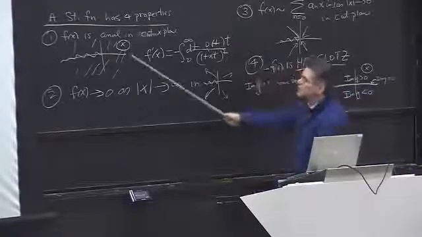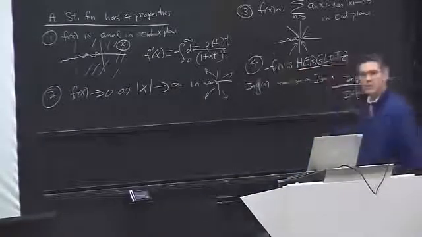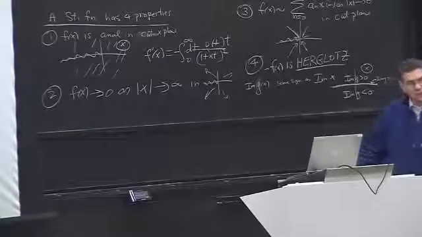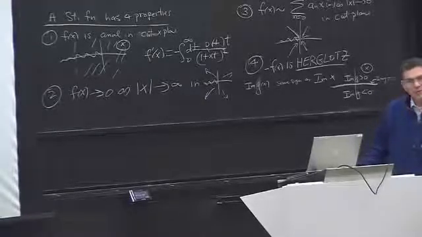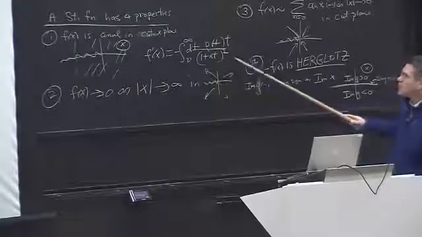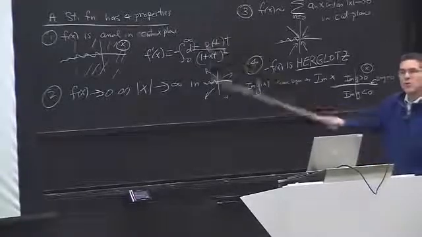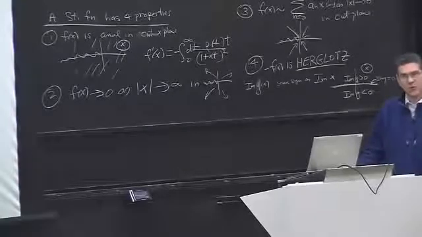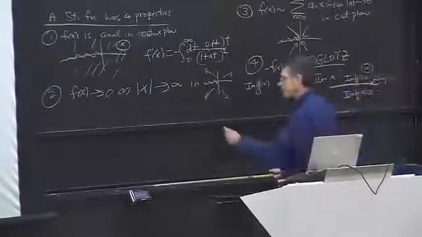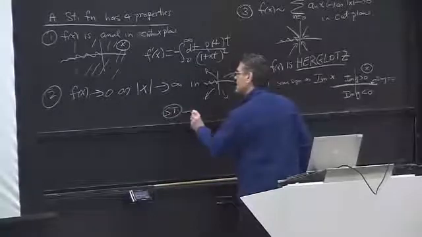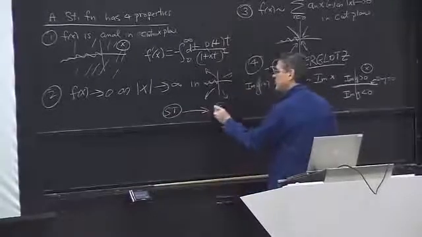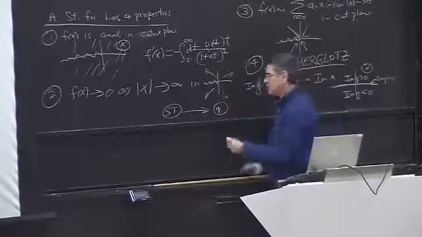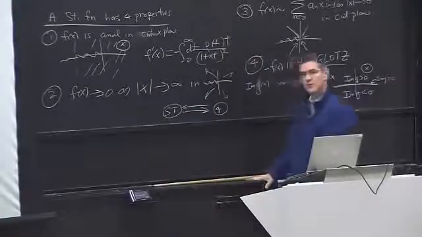A Stieltjes function always has these 4 properties. That's easy to prove. But if you have a function which has these 4 properties, you know it is a function of Stieltjes. So it goes both ways. A Stieltjes function has these 4 properties. But if you can show that an arbitrary function has these 4 properties, it is a function of Stieltjes.